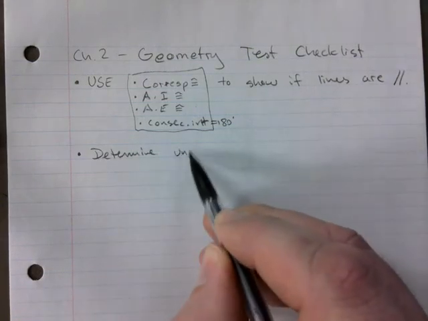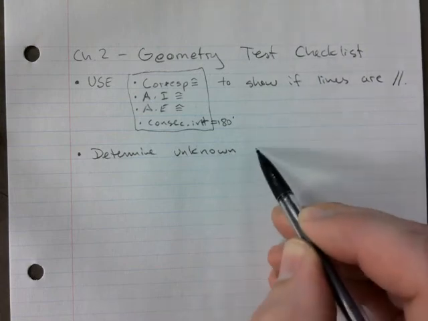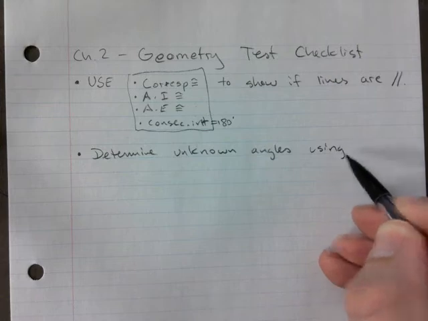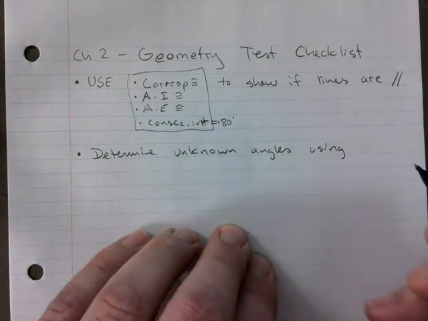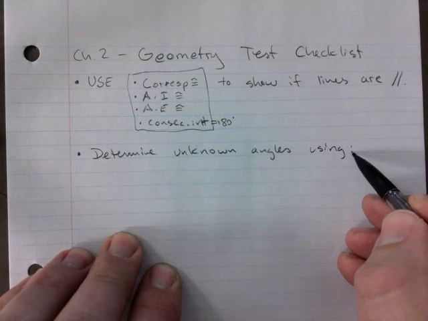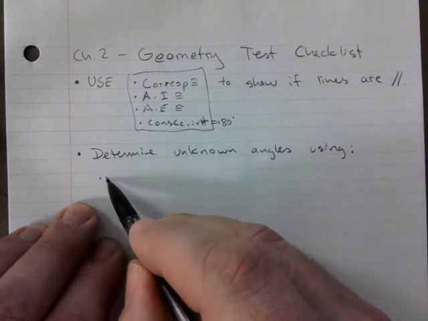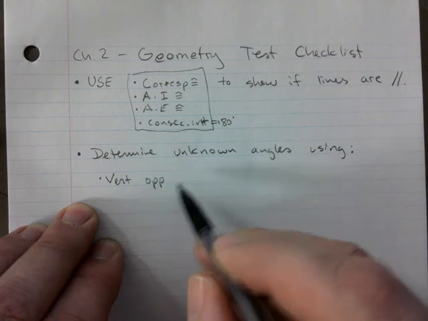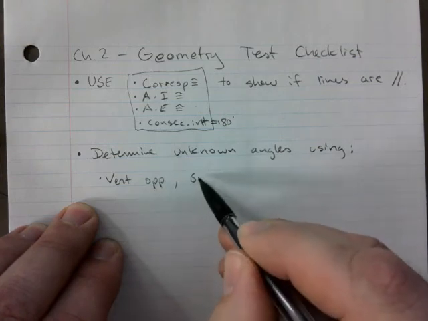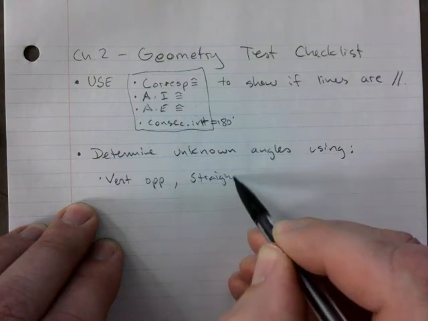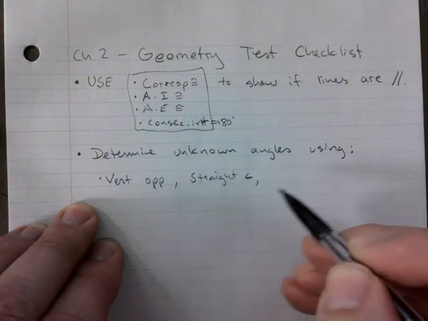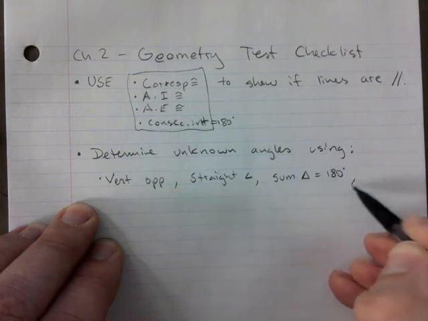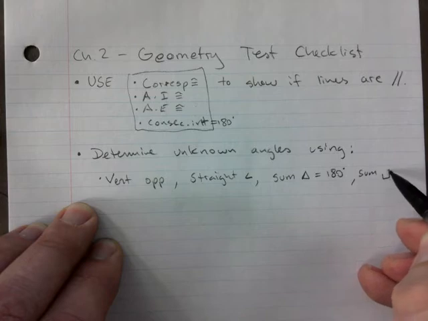Determine unknown angles using right, vertically opposite, straight angle, sum of triangles equal to 180, sum of four-sided shape is equal to 360.